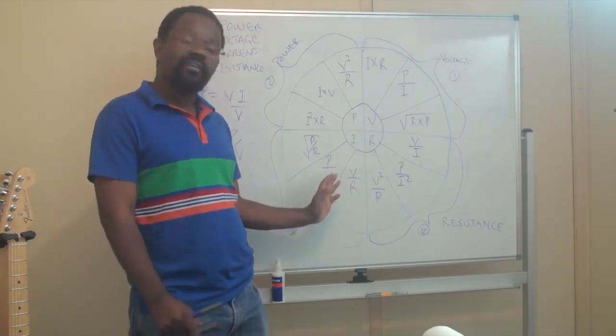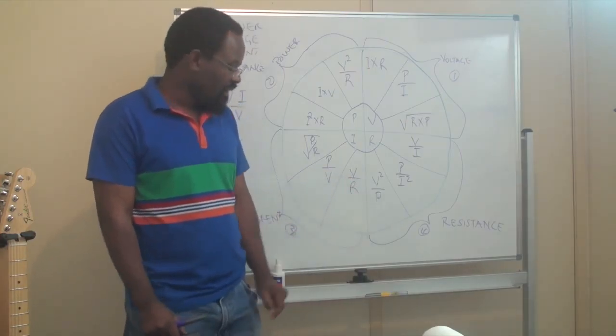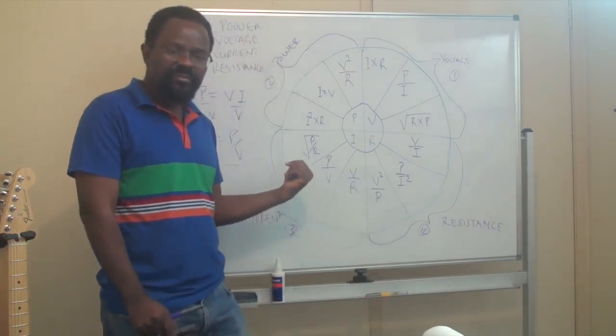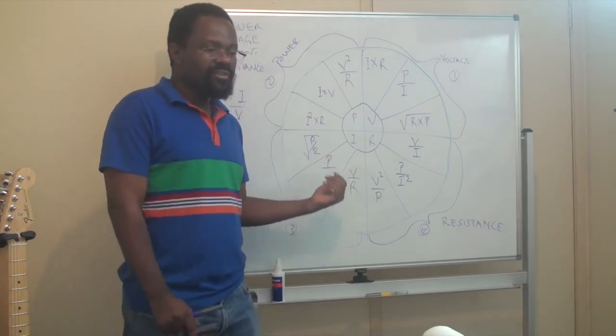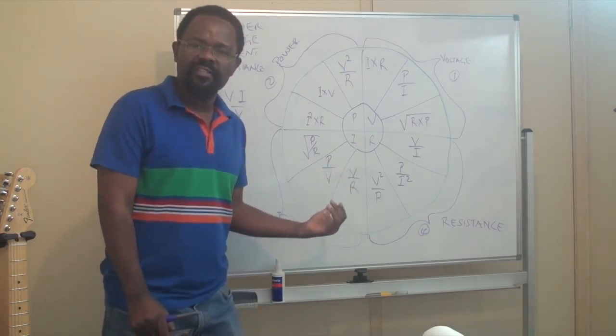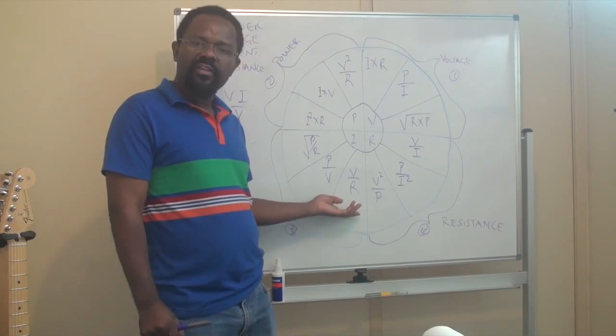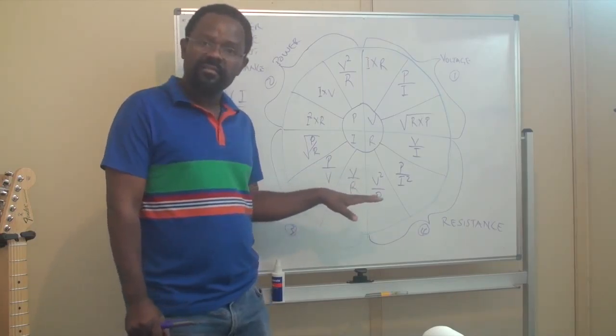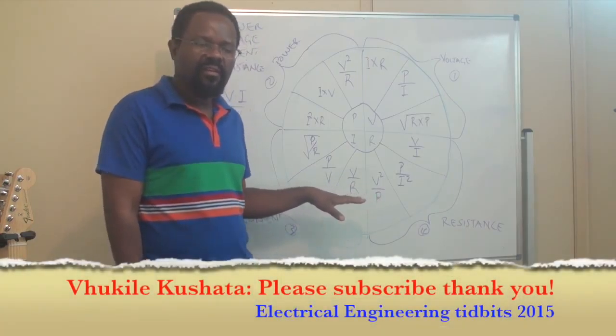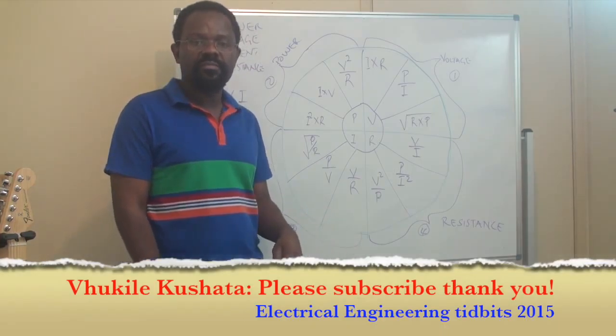So these are the grand formulas that you use in power systems, in many analyses. Very simple formulas from physics that we learned a long time ago. They can become very handy in solving a lot of problems.